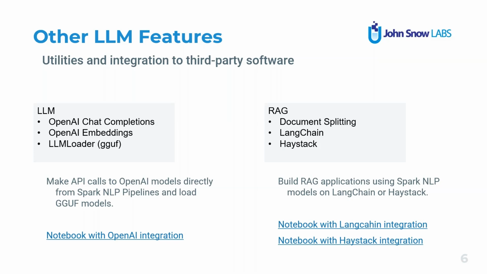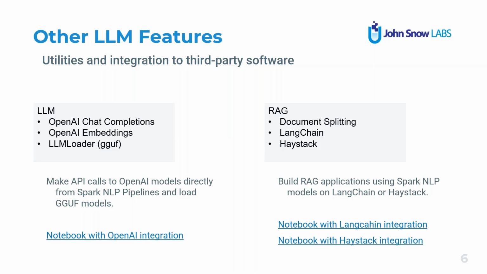We also have an object called LLM loader that can download large language models that are open sourced. We also support quantization so that we can use lighter versions of the models and just load them directly.